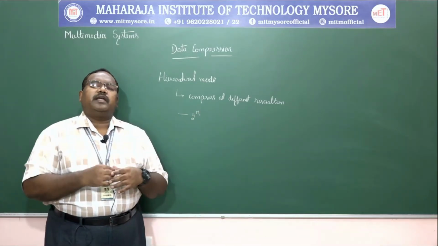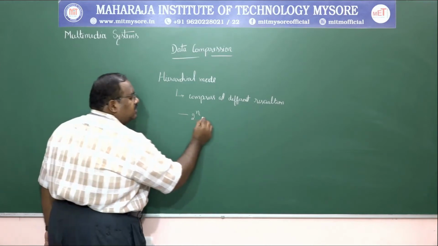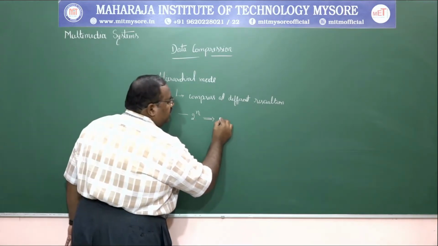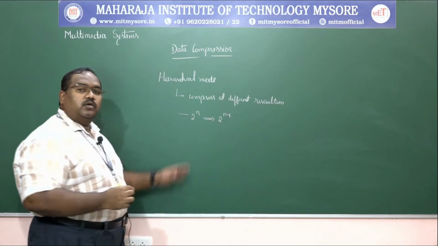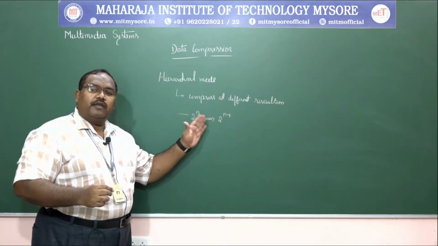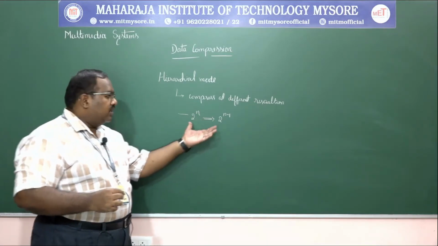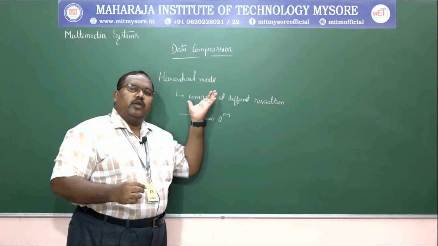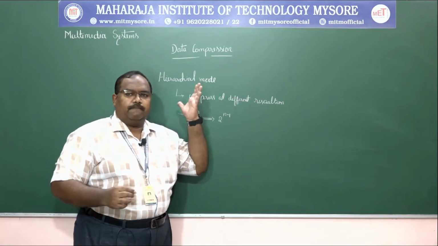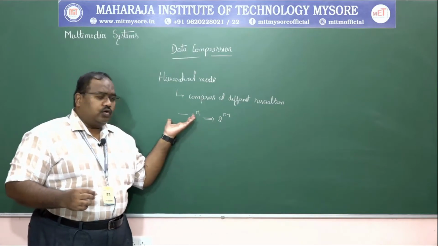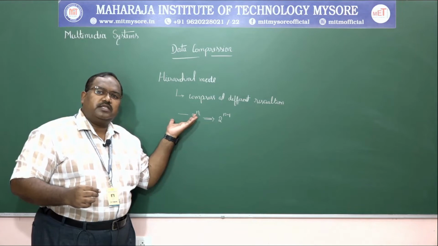Then the image is reduced by a factor of 2 to the power of n minus 1. Why are we using 2 to the power of n minus 1? We have seen the explanation, the importance of 2 to the power of n minus 1, during the understanding of the working principle of JPEG. So here 2 to the power of n is the format in which the digitized image is taken.